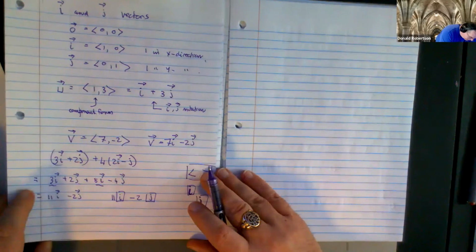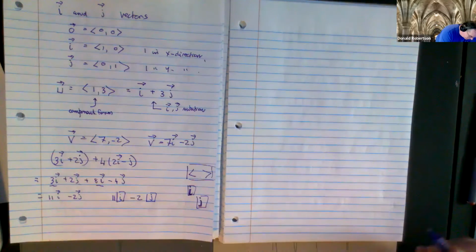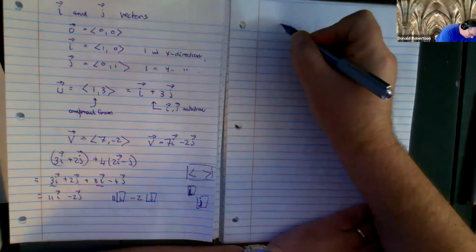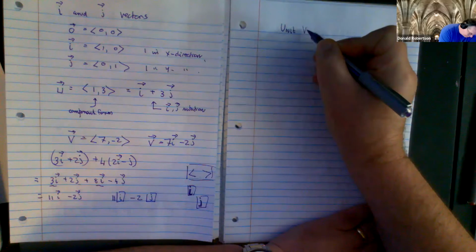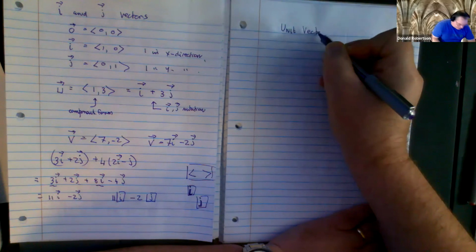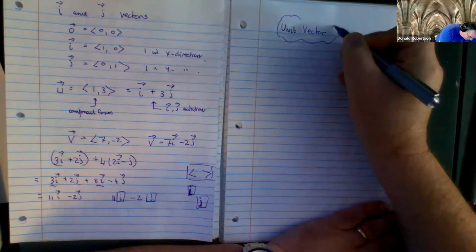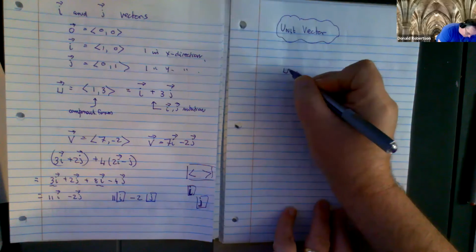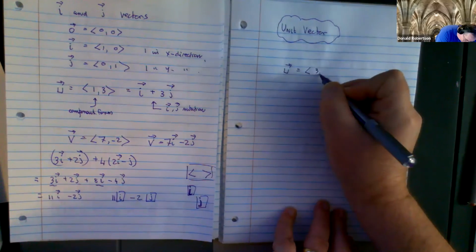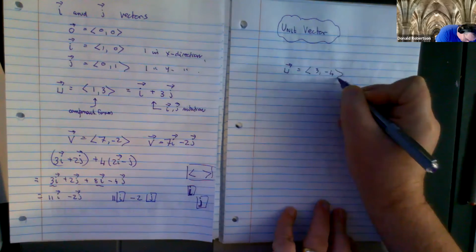Next fella we're going to look at is called a unit vector. Imagine I've got a vector u. It's 3, -4, right? So if I draw the vector u, it probably looks something like this.